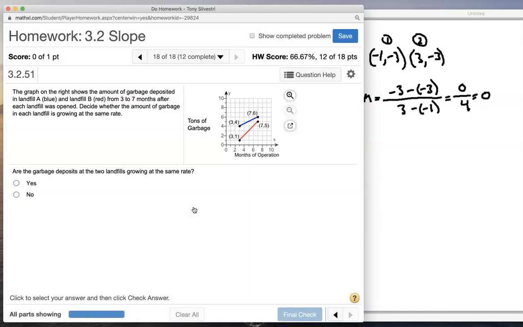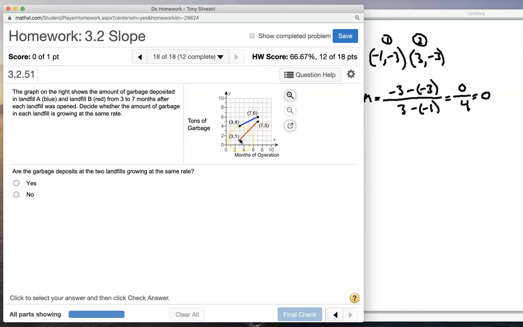The graph on the right shows the amount of garbage deposited in a landfill A. So this is landfill A in blue and landfill B in red from 3 to 7 months. Decide whether the amount of garbage in the landfill is growing at the same rate. Well, it's not growing at the same rate because they have different slopes.